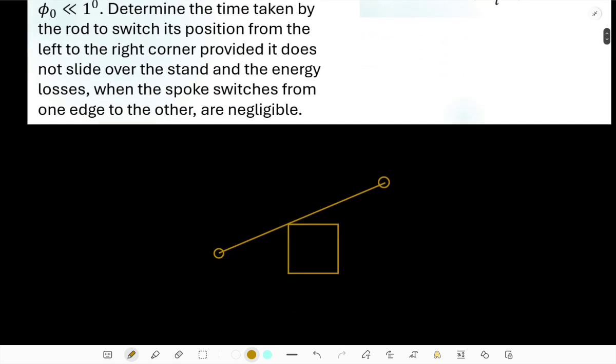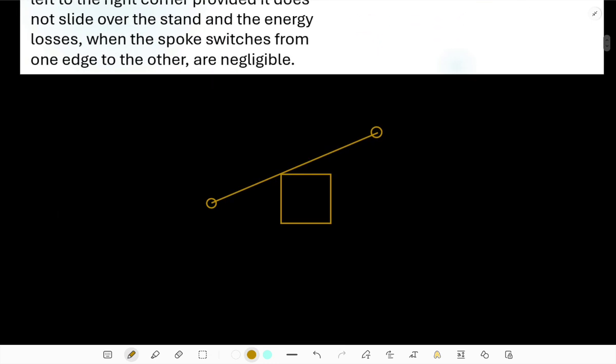It doesn't look good, so I have drawn another here. The statement is clearly hinting us to use mechanical energy conservation because there are no energy losses, there is an absolute absence of sliding friction, so we are going to use it.